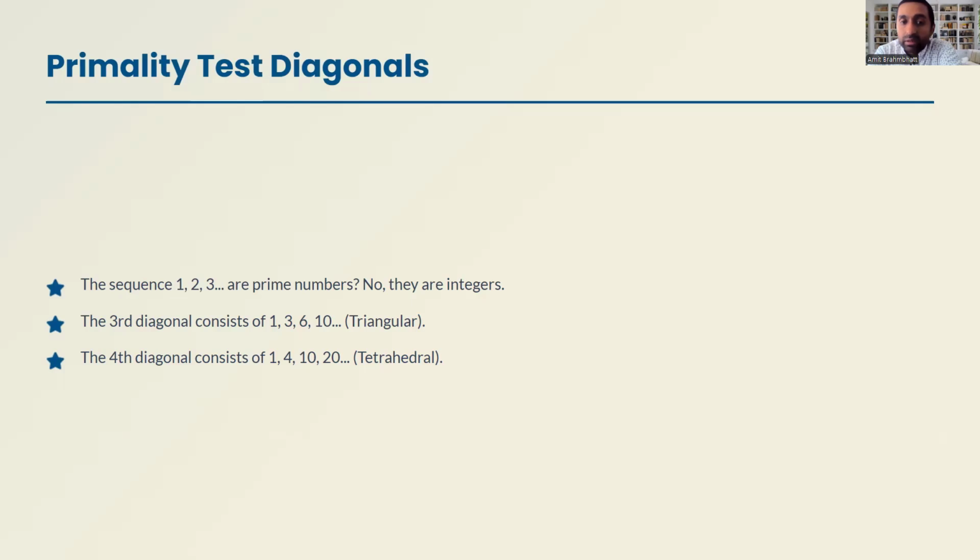The second diagonal consists of the natural counting numbers. The third diagonal yields the triangle numbers, and the fourth gives us tetrahedral numbers. This geometric layout organizes spatial dimensions, where each diagonal represents a step up in dimensional geometry.